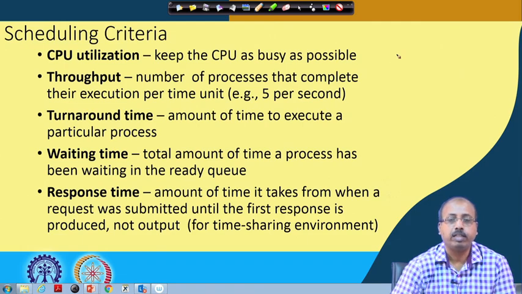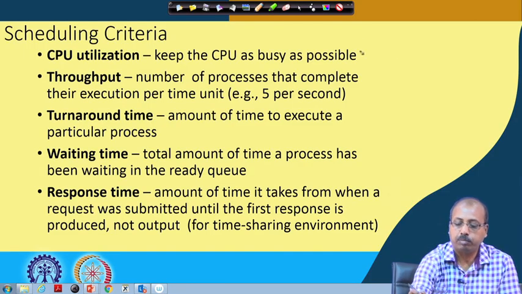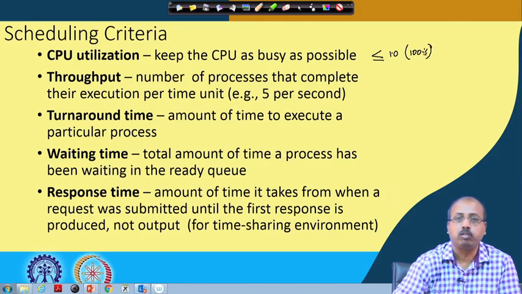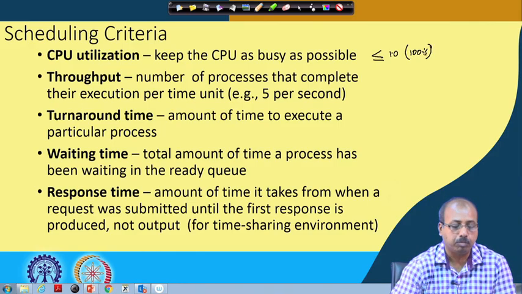But at one point of time the CPU can do only a single job. So, more than 100% utilization is not possible. The CPU utilization will be less than or equal to 100%, or 1.0, and naturally we will try to be as close as possible to the value 1.